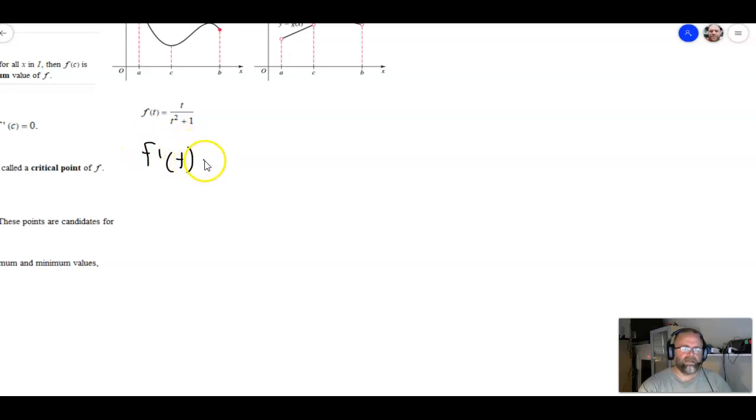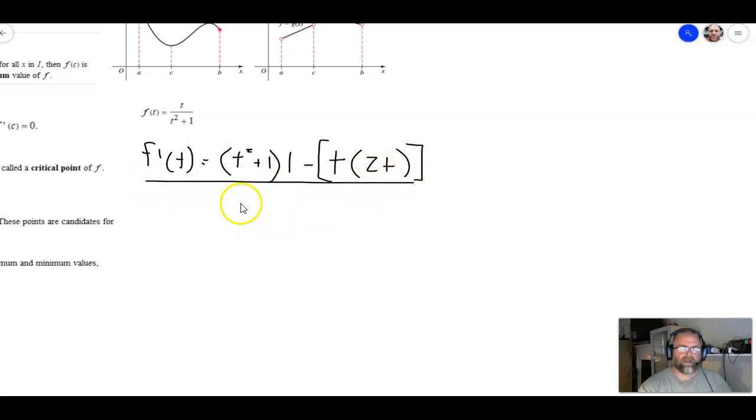That says the derivative with respect to t here is equal to the bottom, so t squared plus 1, times the derivative of the top, which is just 1, minus the top, t, times the derivative of the bottom here, which is 2t, all over the bottom squared, so all over t squared plus 1 quantity squared.